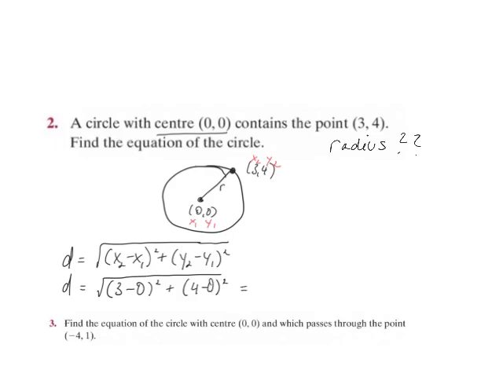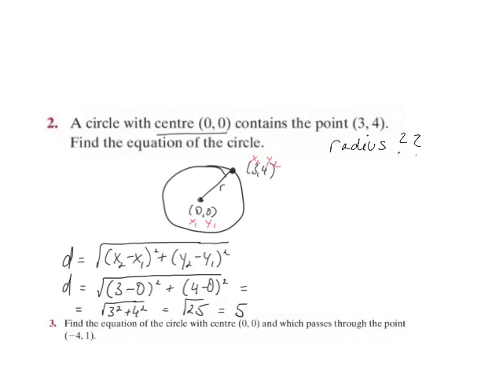So we can calculate that. So that is just the root of 3 squared plus 4 squared, which gives us the root of 25, which is 5.